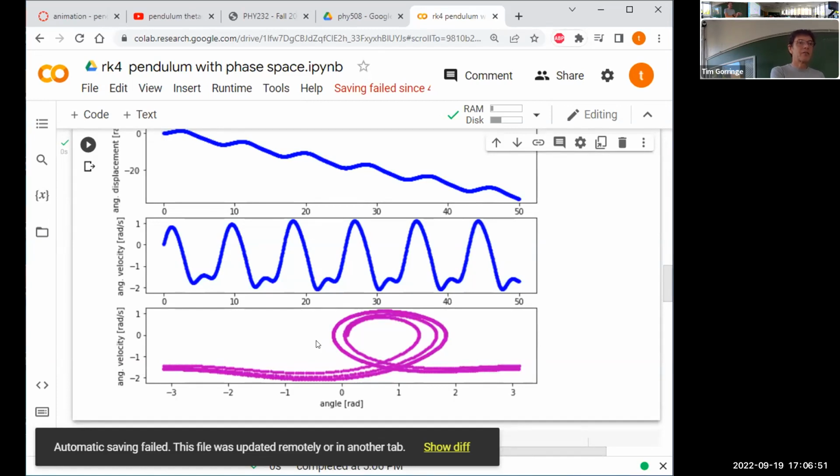Because of the difference in frequencies of the driving force and the natural frequency, this pendulum is swinging over the top multiple times. If you look at the scale here, this is radians, right? And there's 2 pi radians in one complete circle. So every time we jump down 2 pi on this plot, from 0 to 6 point something, the pendulum's looped the loop. And so this pendulum is looping the loop multiple times. It's just swinging round and round and round.